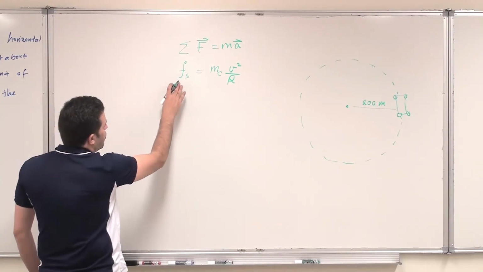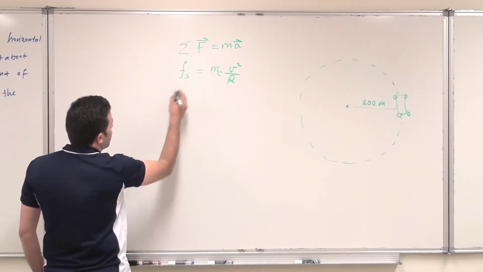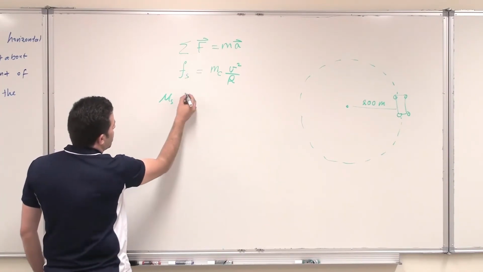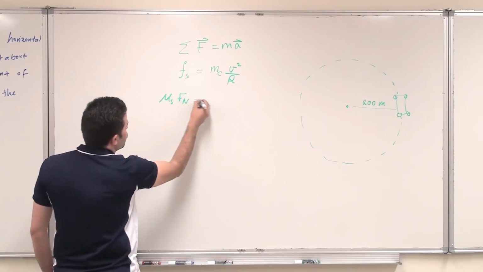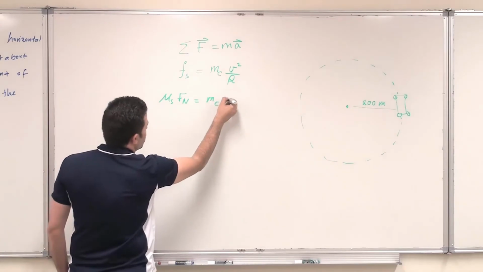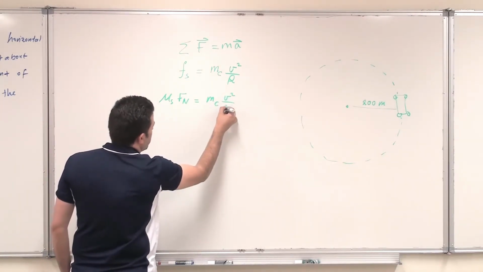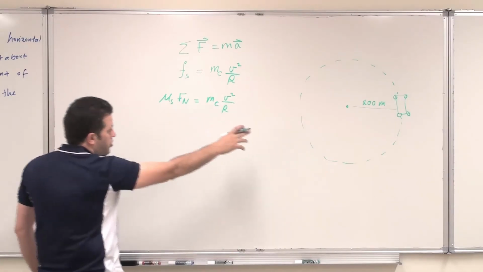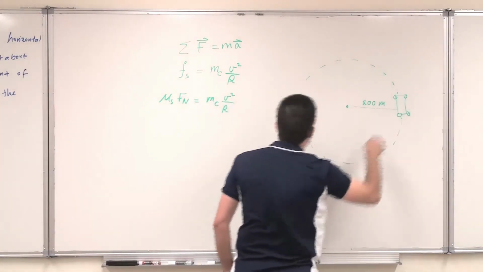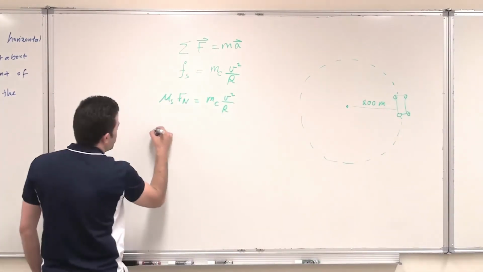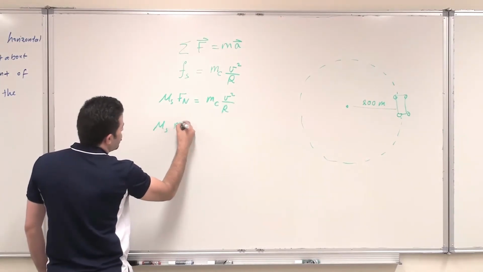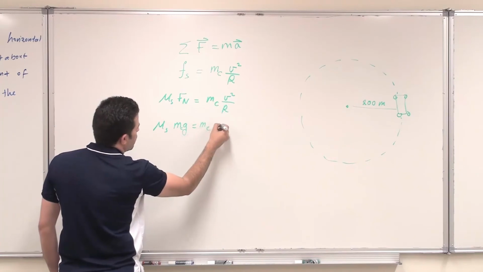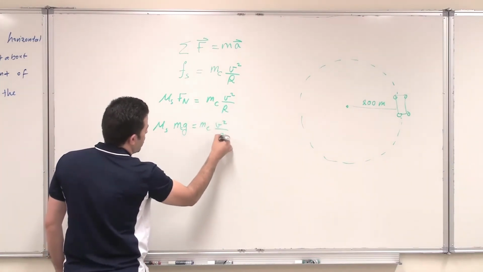And the frictional force can be obtained from mu s, the coefficient of static friction, multiplied by the normal force, should equal the mass of the car times v square divided by r. And the normal force for this car is equal to the weight force of the car. So mu s mg should equal mass of the car times v square divided by r.